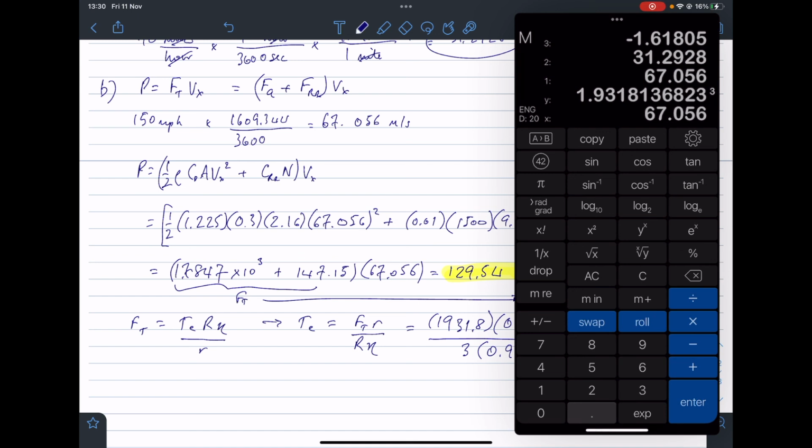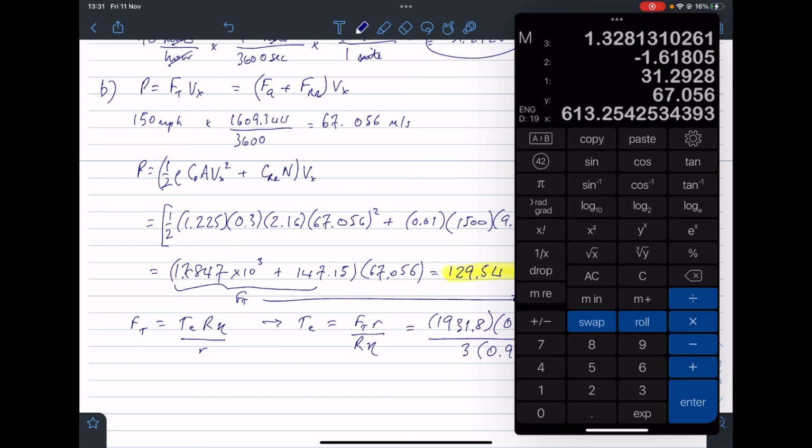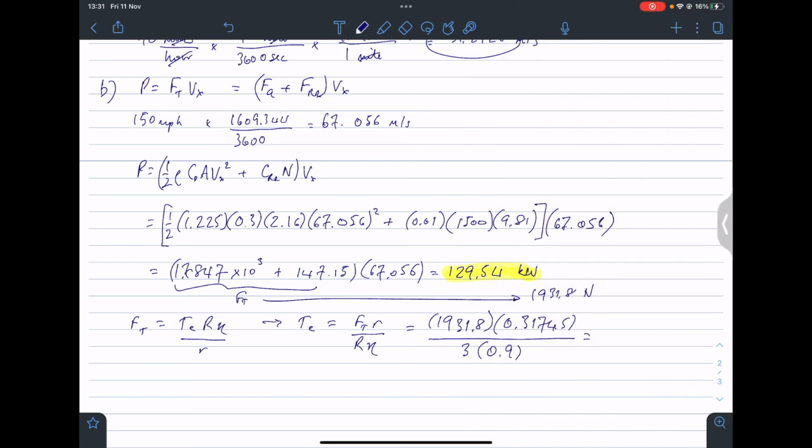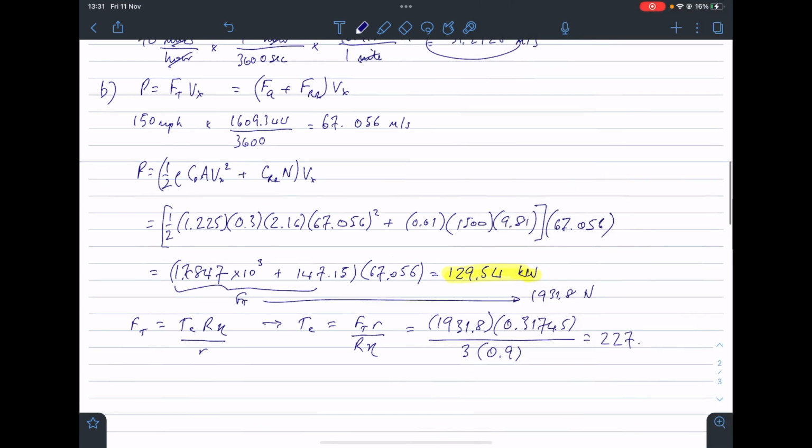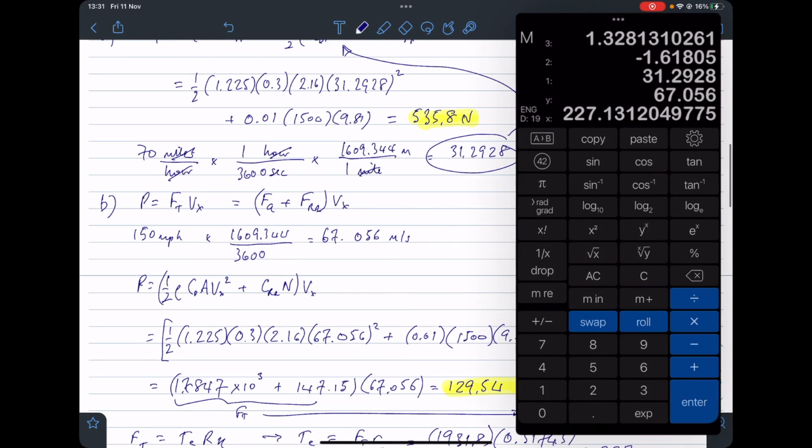So we take that, and we get 227.13 Newton meters.